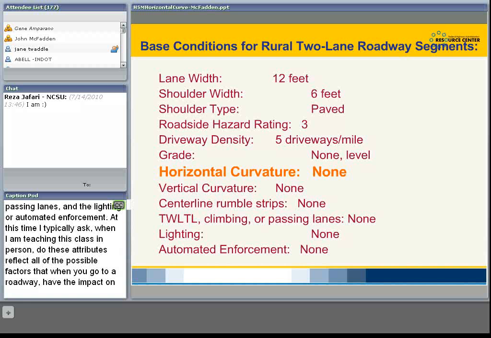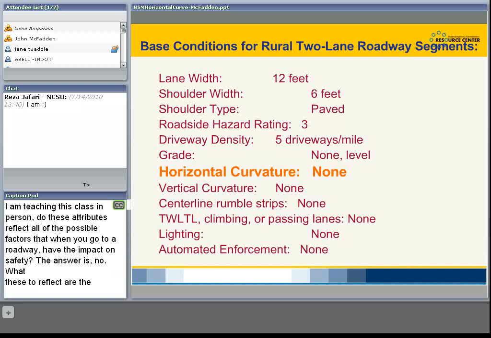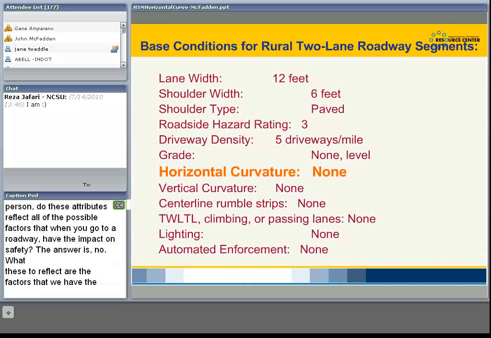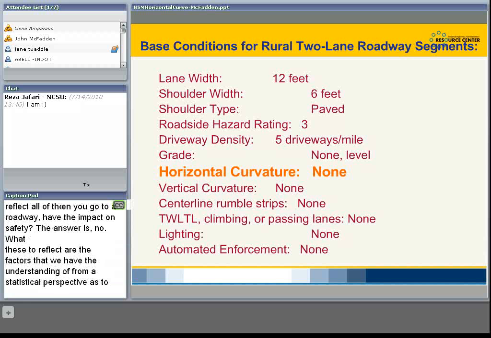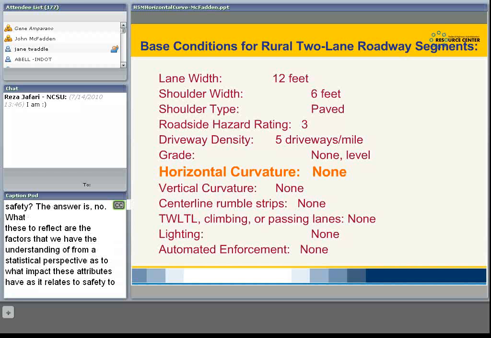Now, at this time, I typically ask, when I'm teaching this class in person, do these attributes reflect all of the possible factors that, when you go to a roadway, have an impact on safety?